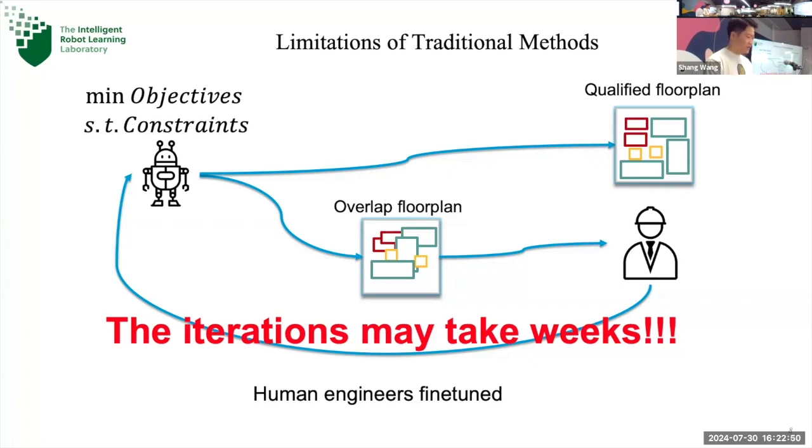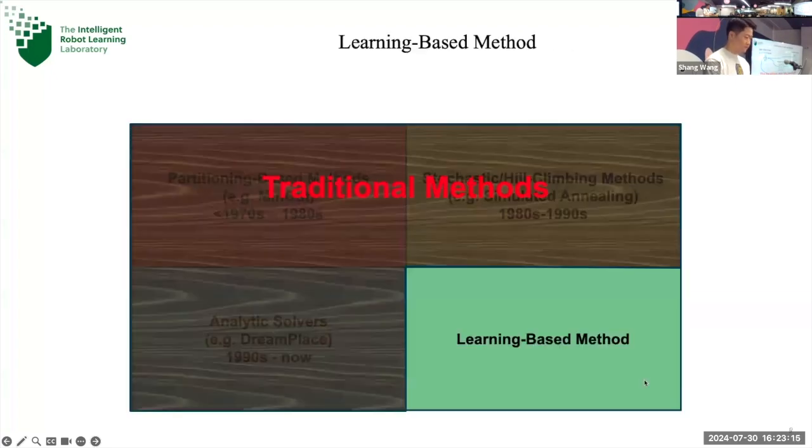With the growth of modern chip scale, this phenomenon has become increasingly evident. Human engineers have to fine-tune this unqualified floor plan or the hyperparameters of the placement solvers until they can get qualified results. These iterations may take several weeks, so it's really time consuming.